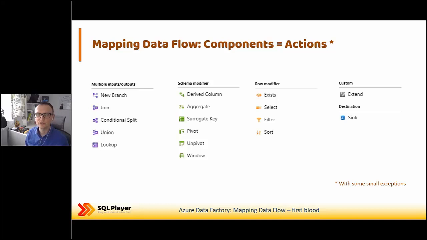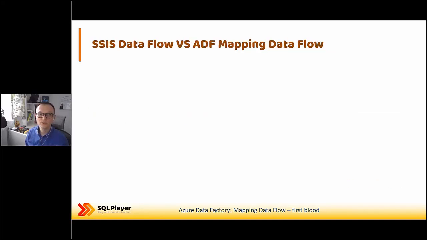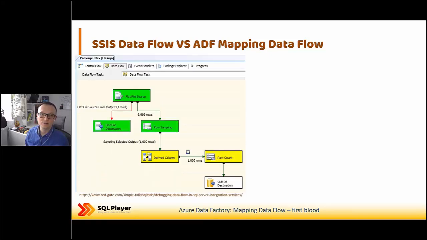But we'll see a short demonstration of how to build a simple stream in mapping data flow. If you would like to compare with SSIS, which probably we know already, in SSIS the data flow looks like this, okay?